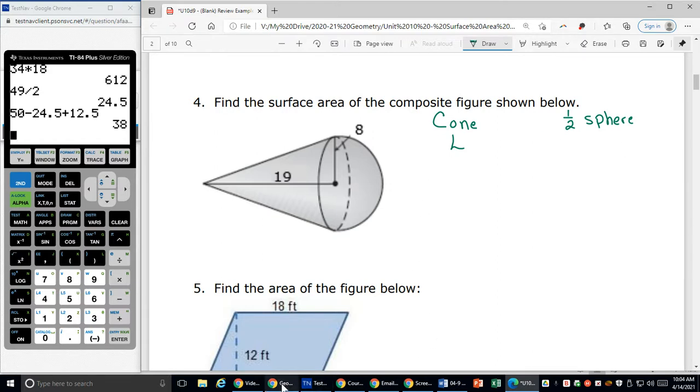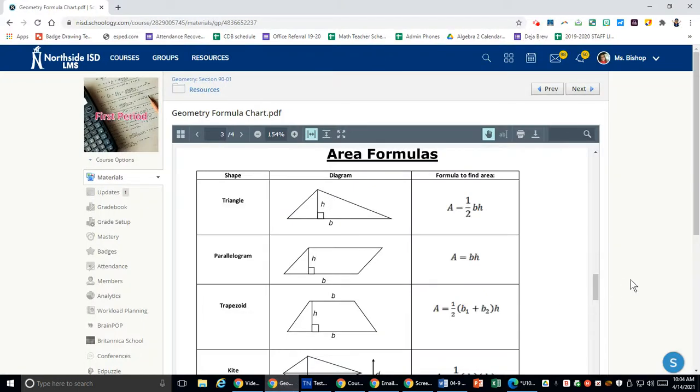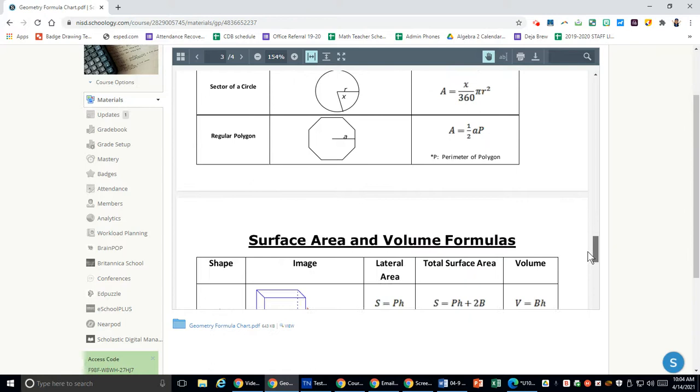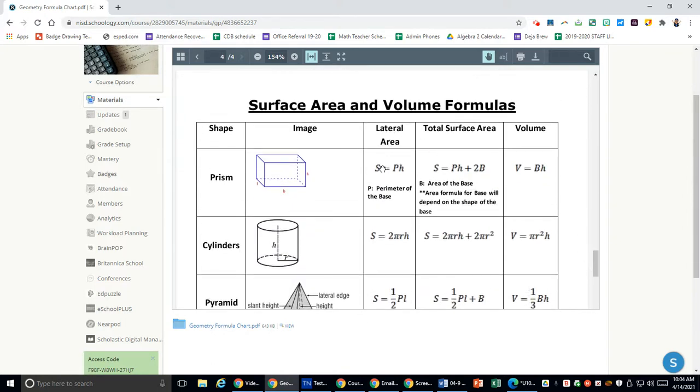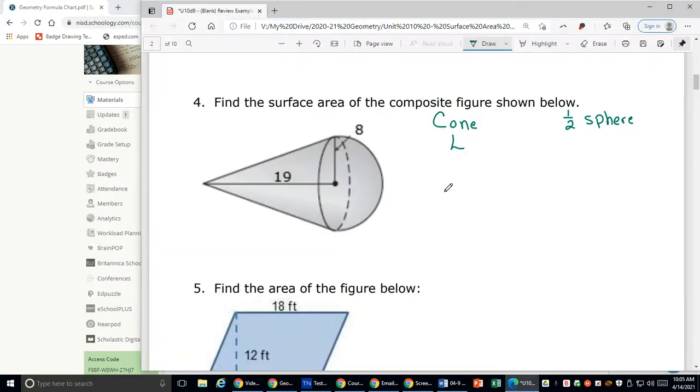Okay, so let's look at my formula chart and remind ourselves what the lateral area of the cone is. Remember, lateral area is your first column, even though there's S's, we normally use L's. And then we want cone, so my lateral area is pi RL.